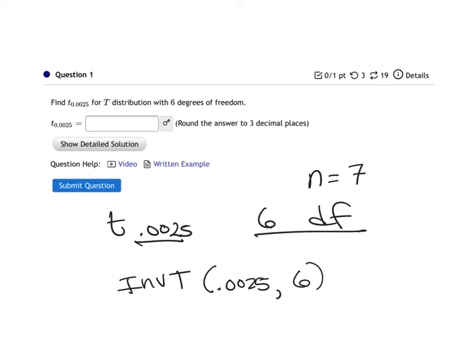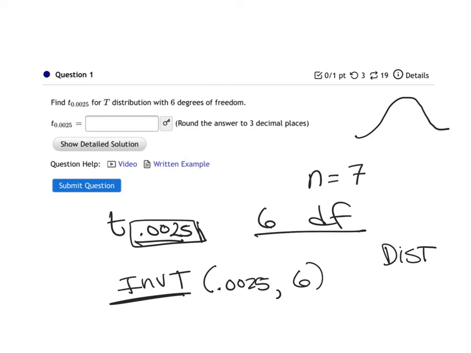So this is your alpha over 2. This right here is your alpha. That's what it's looking for there. Remember that this inverse t is found in your distribution button of your TI, just like inverse normal. Also keep in mind that the t-distribution, as you saw in the picture, is always symmetrical regardless of what degrees of freedom you have. And what this particular notation is looking for is the positive value.